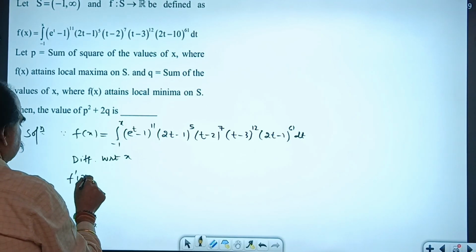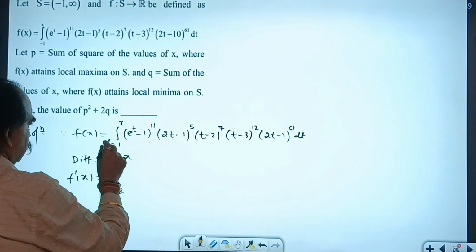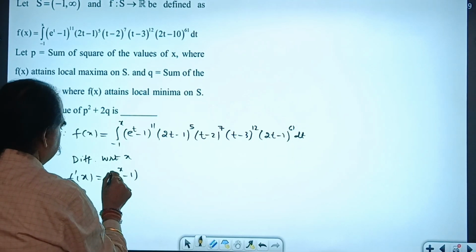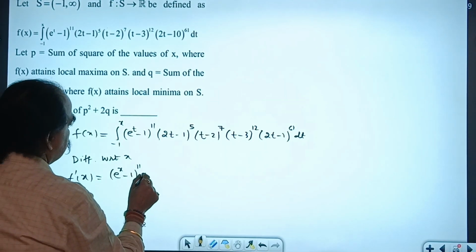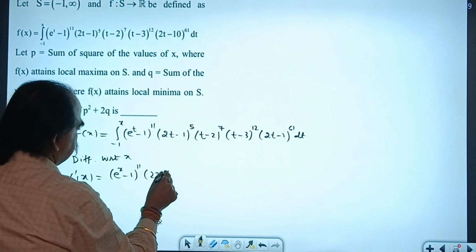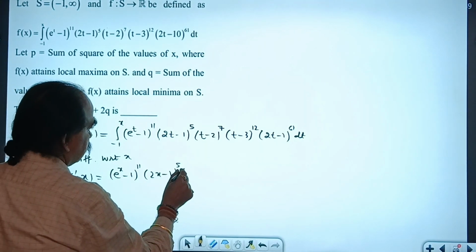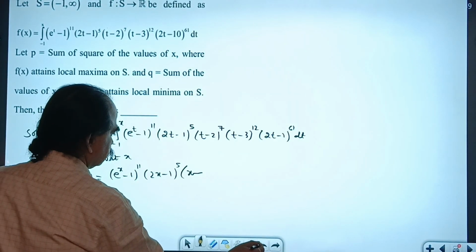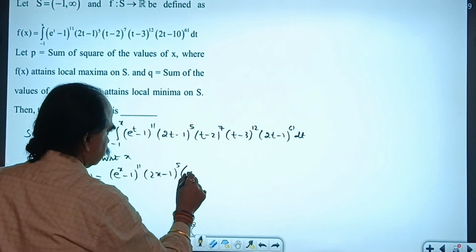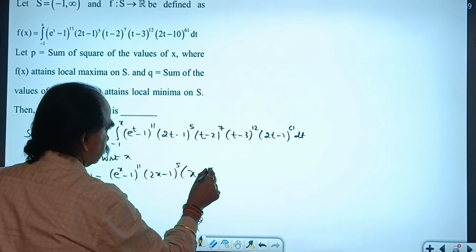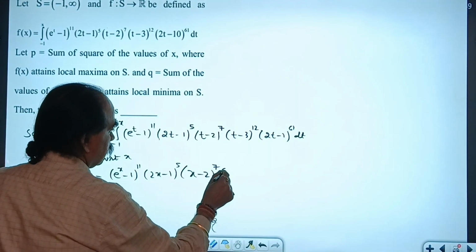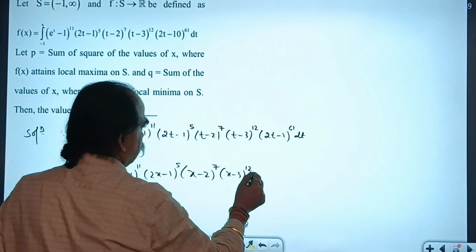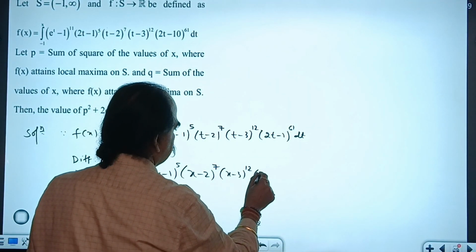The f dash x is what? (e raised to x minus 1) raised to 11, (2x minus 1) raised to 5, (x minus 2) raised to 7, (x minus 3) raised to 12, (2x minus 10) raised to 61.